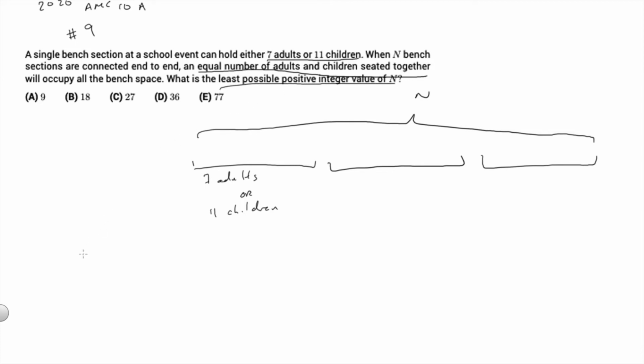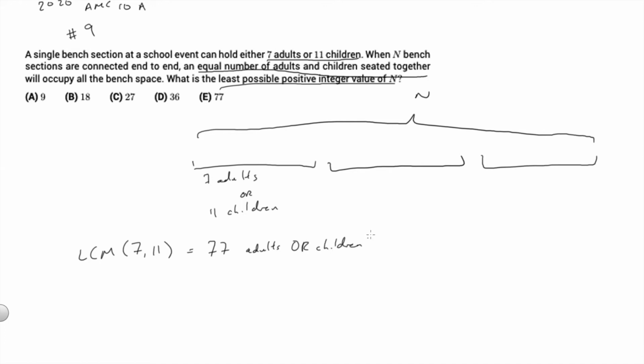The two numbers are relatively prime integers, which means that the LCM of them will simply be their product. So it's 77, and this will be adults or children, depending.